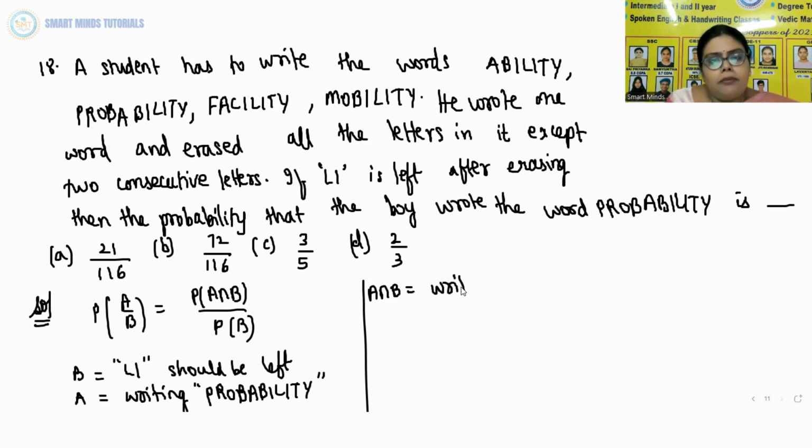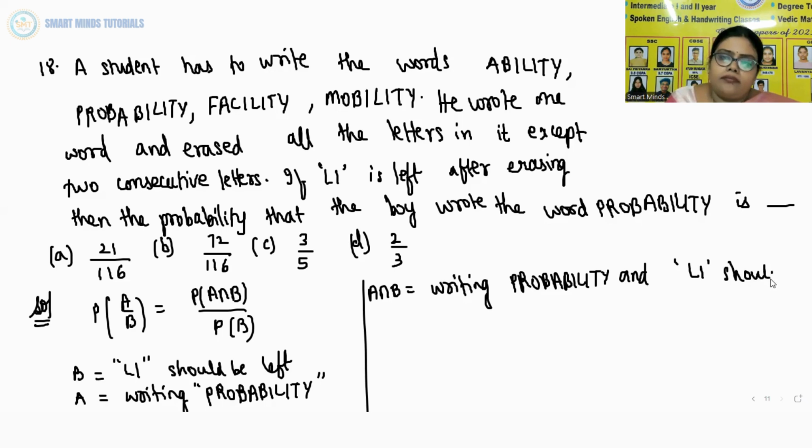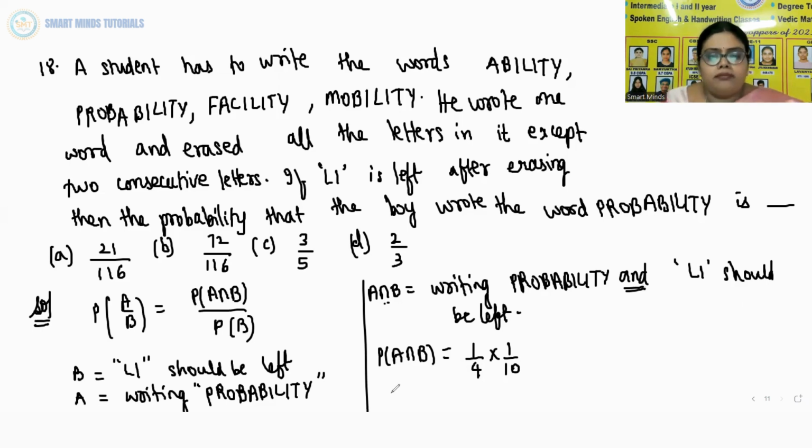That is writing probability and Li should be left. Whenever we take and, we take intersection. Whenever we take or, we take union. Always remember this. So P of A intersection B is 1 by 4 into 1 by 10.